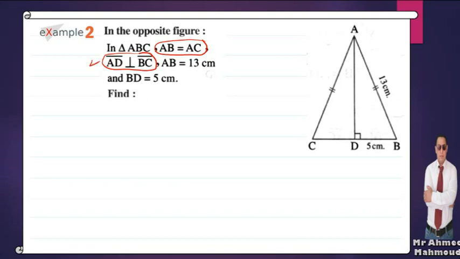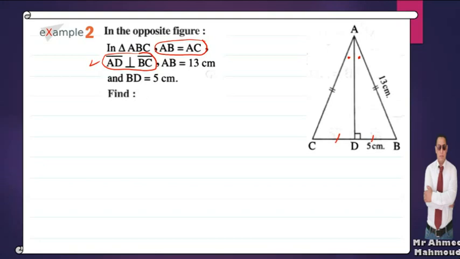That lets me know that this line is the axis of symmetry. Since this line is perpendicular to the base, it bisects the base and bisects the vertex angle.